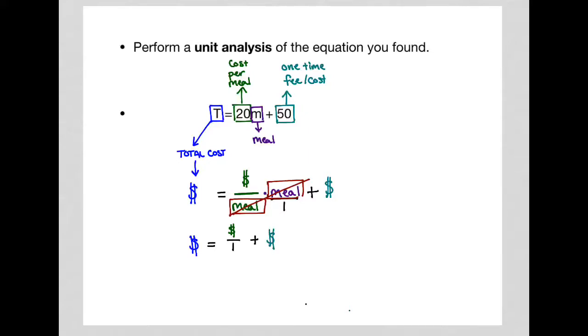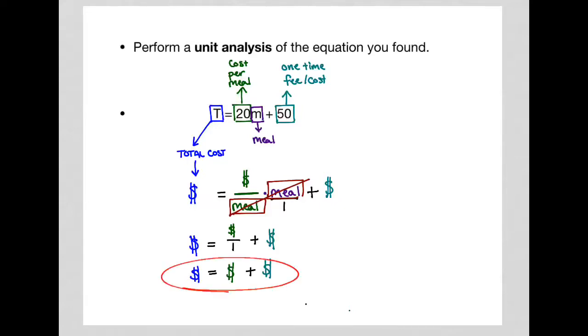I still have my dollar sign on the left, equals a dollar sign over 1, and anything divided by 1 is just going to result in that anything, plus a dollar. This tells me that my unit analysis has worked out.